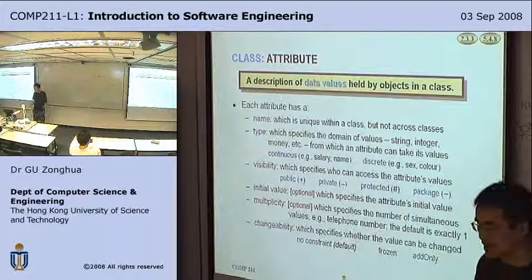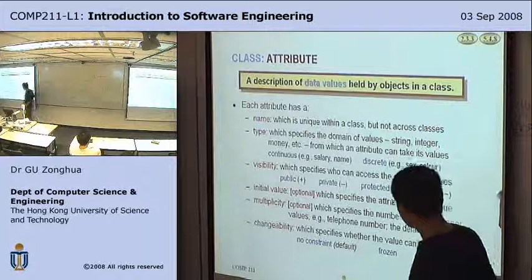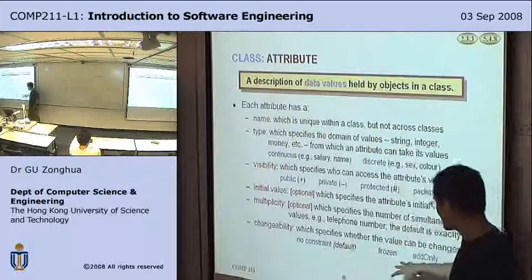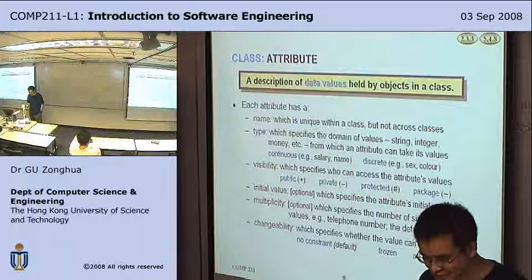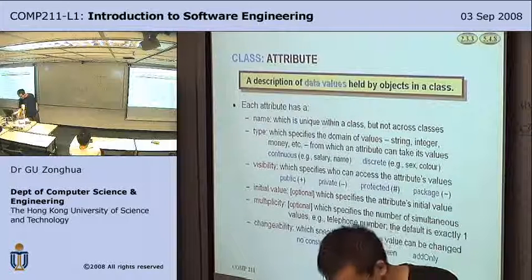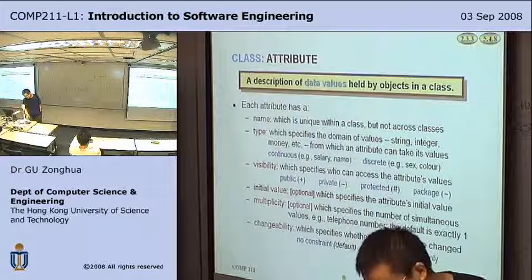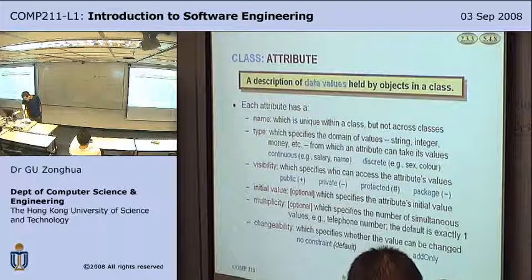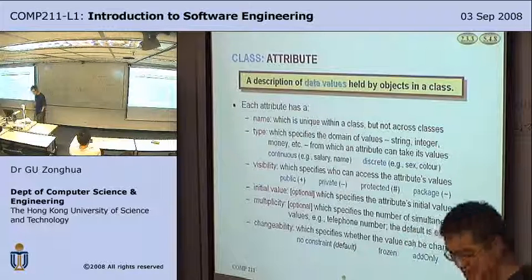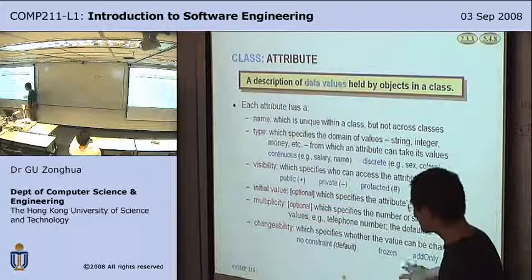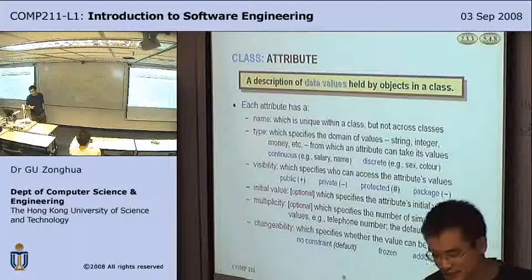Changeability specifies whether the value can be changed. It could be no constraint, or frozen, or add only. No constraint means that it can be arbitrarily changeable, and frozen means that the value may not be changed after it's initialized.